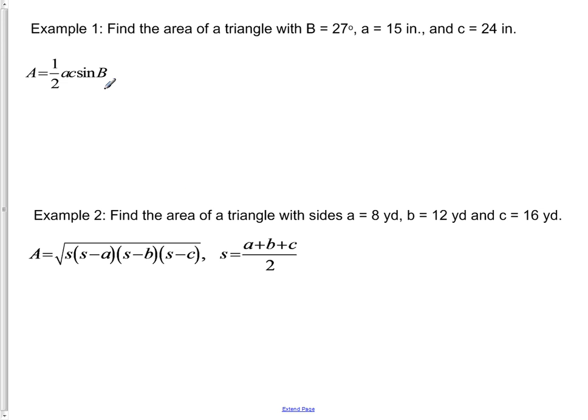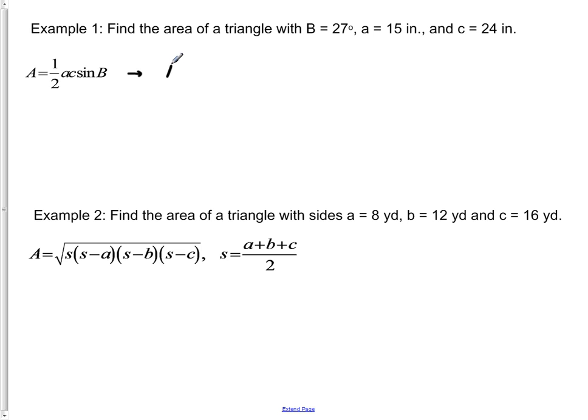All right, let's talk about an example or two. Let's say we want to find the area of a triangle in which we know that the central angle B is 27 degrees, that side a is 15 inches, and side c is 24 inches. So let's use our formula to find the area.